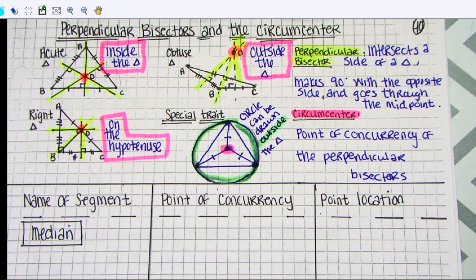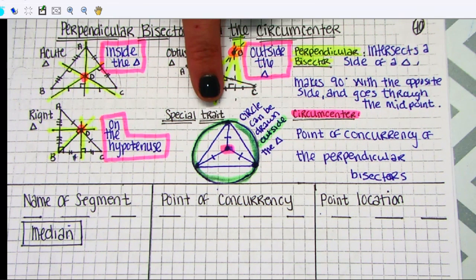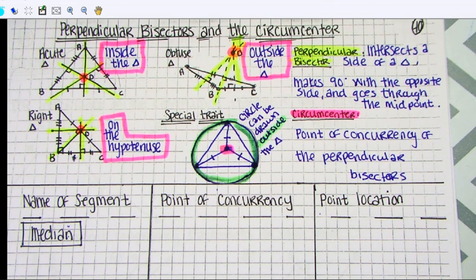A lot of stuff's happening. So for its special trait with the circumcenter, a circle can be drawn outside of the triangle. Since a lot of these vocabulary words are based on identifying, if you can recognize a circle outside of a triangle, you'll know immediately that it's a circumcenter, just based on the vocabulary alone.